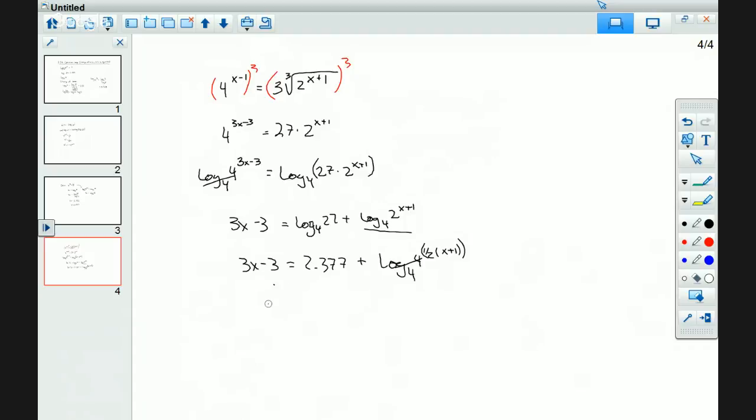Subtract this over, right? We get 3x minus 5.377 equals 1/2 x. That you can solve, right? Just a simple linear. You just want to see me screw it up.